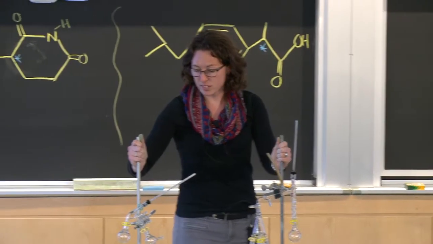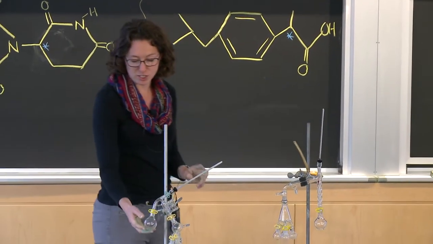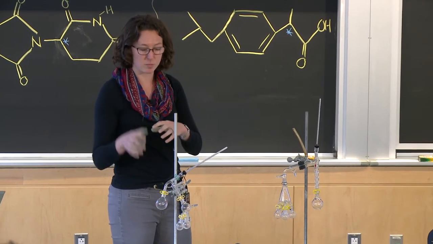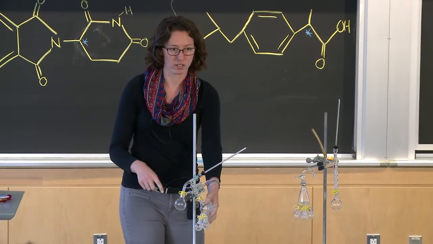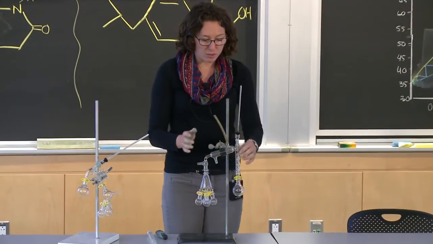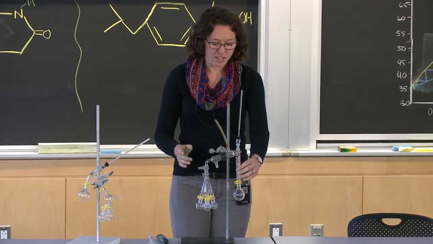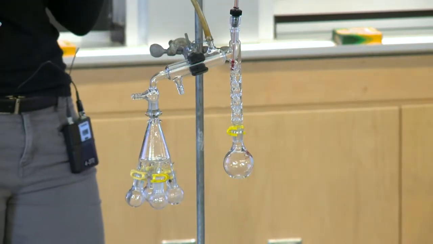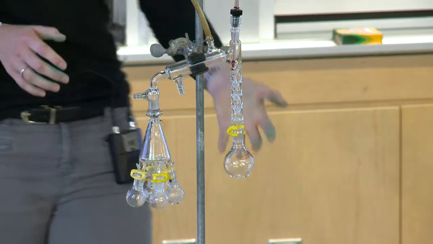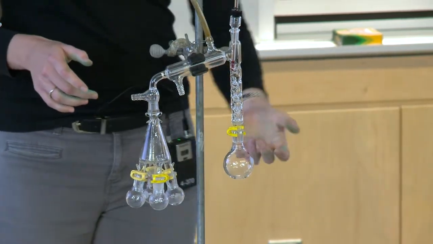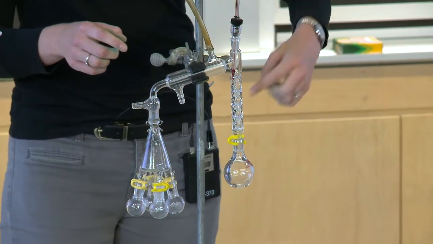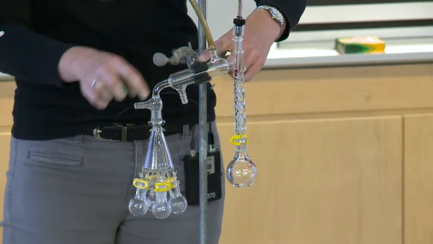I told you this before, this one is a simple distillation, and you can see that there is not a lot of room in here for the vapor to vaporize and then recondense before you collect it in your collection vessels over here. If you provide more surface area, then the vapor has more chances to come into contact with the cooler glass. It'll recondense into the liquid phase, and then if you're heating this, it'll drip down. It'll be reheated by the hot vapor coming up, and so you can have multiple heating and cooling cycles before you start collecting your final product.